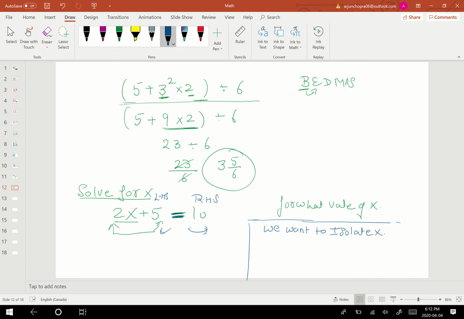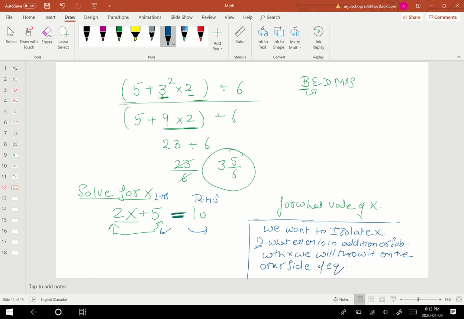So if I want to isolate x, the first step is that whatever is in addition or subtraction with x, we will throw it on the other side of the equation.